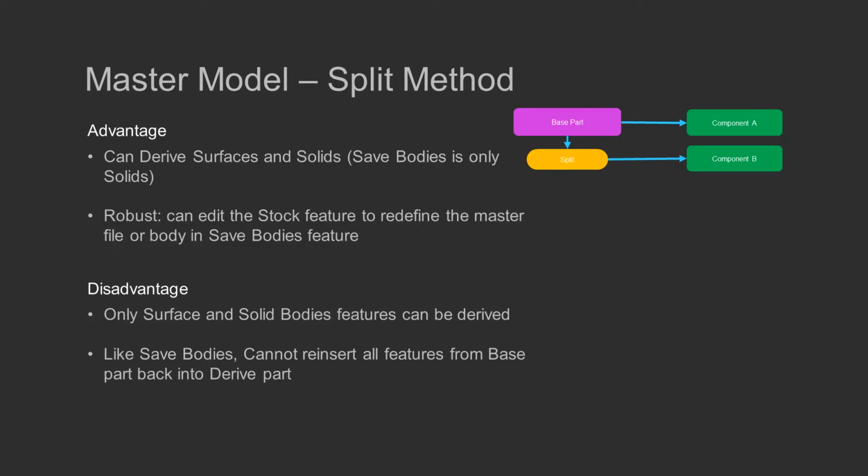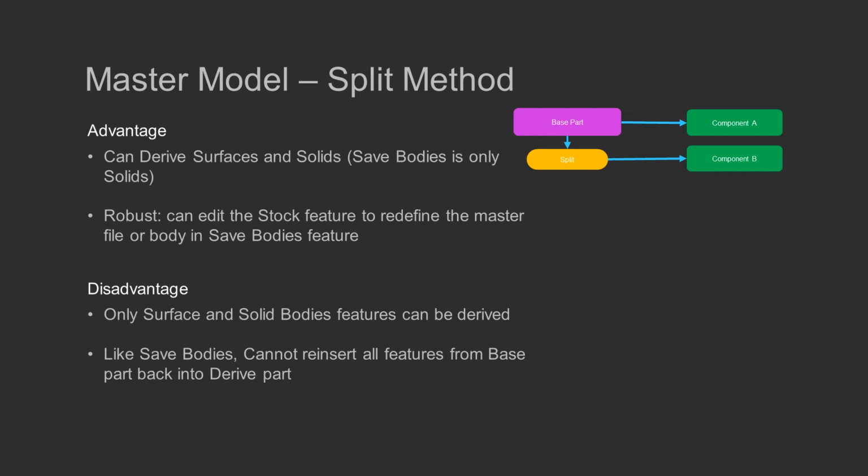Our fourth and final method for master model methodology is the split part method. Its advantage over the other ones, especially save bodies, is that it can derive out a surface body, whereas save bodies can only derive out a solid. So if you need to do that, this is maybe a good choice.